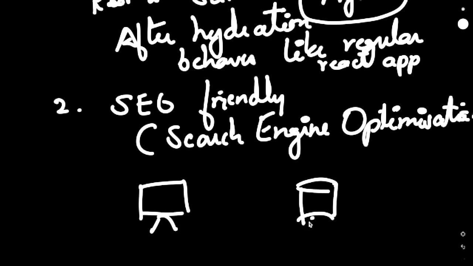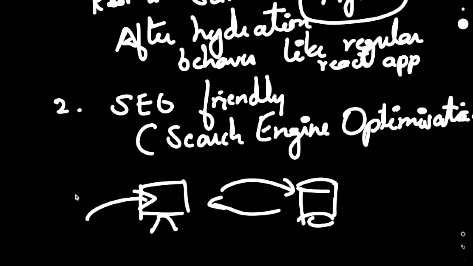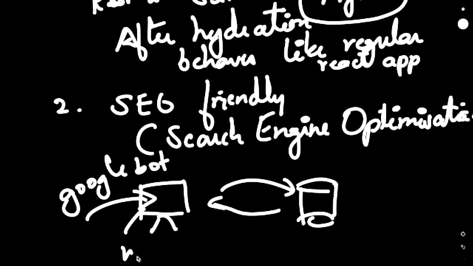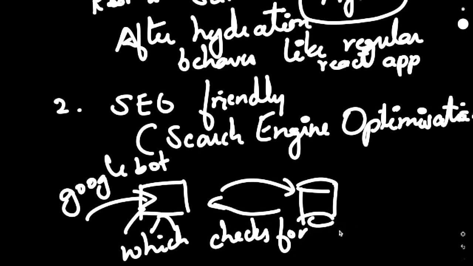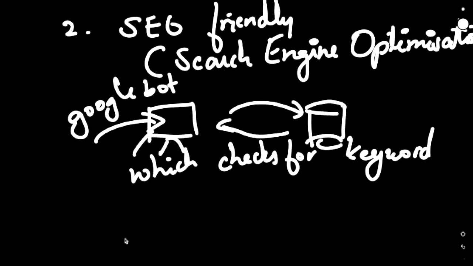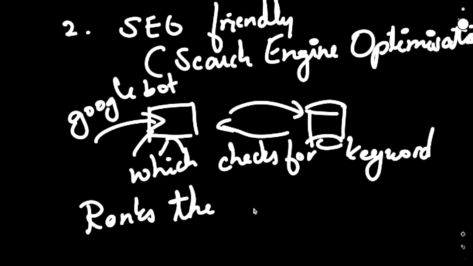When the web page is being loaded in the system, a Google bot crawls through the website to check for the keywords in the metadata and matches them with the keywords that the user inputs, and then ranks the websites based on the matching keywords.